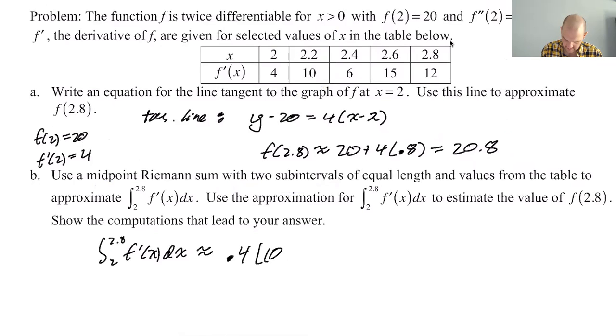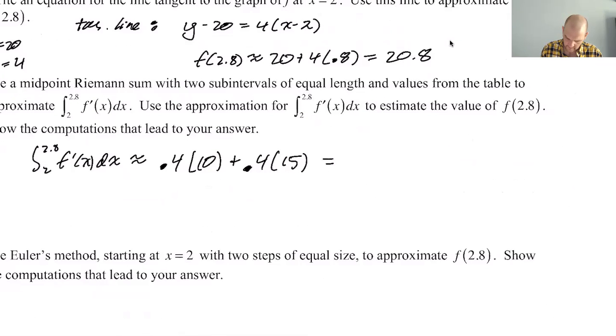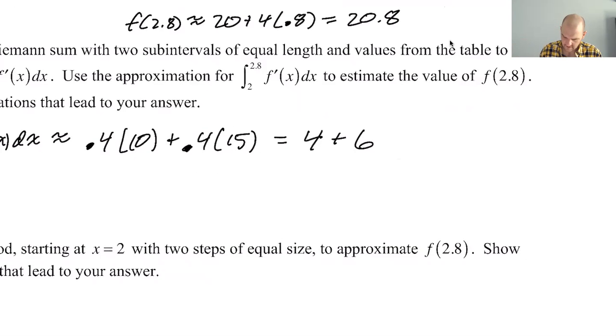So 0.4 times 10 plus, we go from 2.4 to 2.8, that's 0.4. And then the midpoint is 2.6, and the height there is 15. So this will be 4 plus 6, right? Because 0.4 times 15 is 6. So 10.